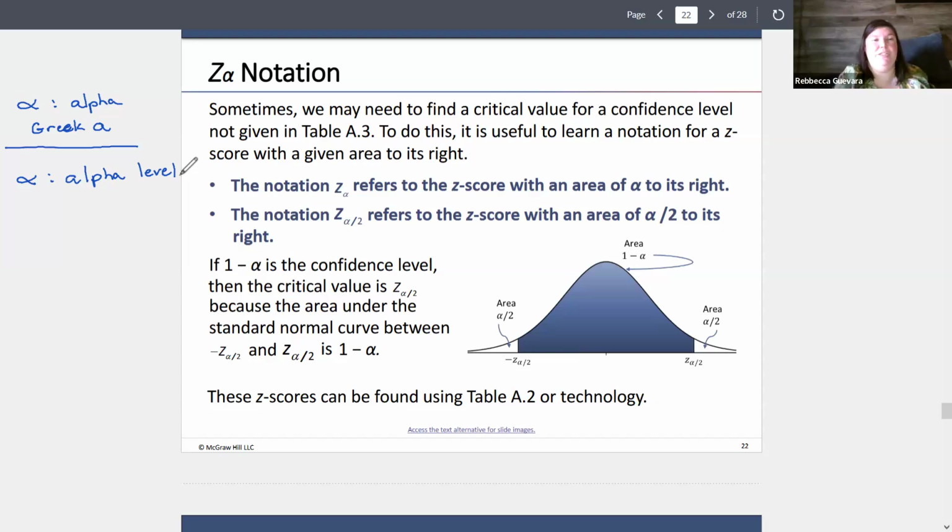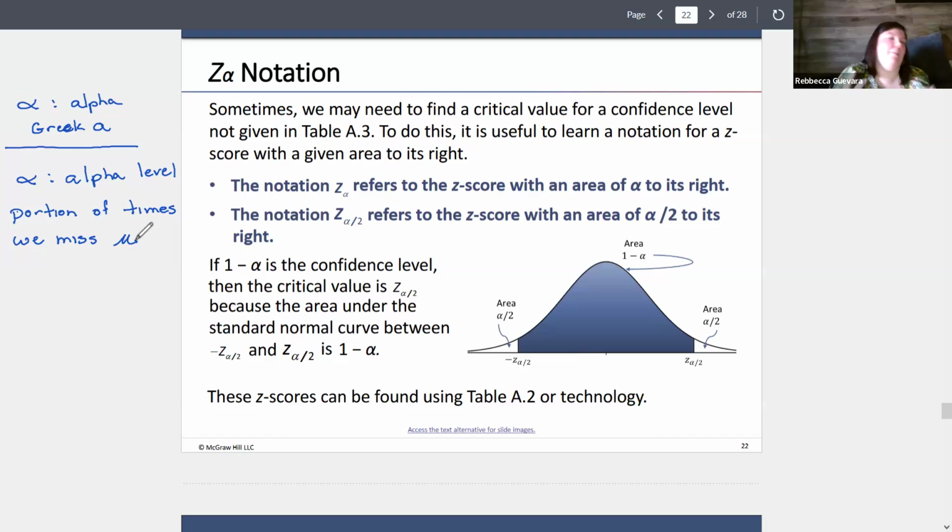So in this case, it's the probability that I miss my population mean, or you could say the proportion of times we miss it. Every time I make a confidence interval, if I have a 95% level of confidence, then 5% of the time I'm going to completely miss my population mean.